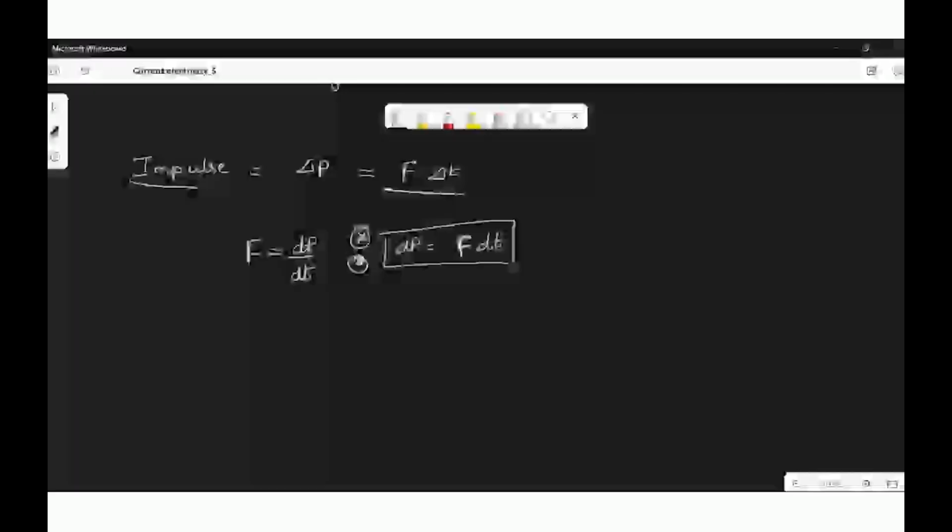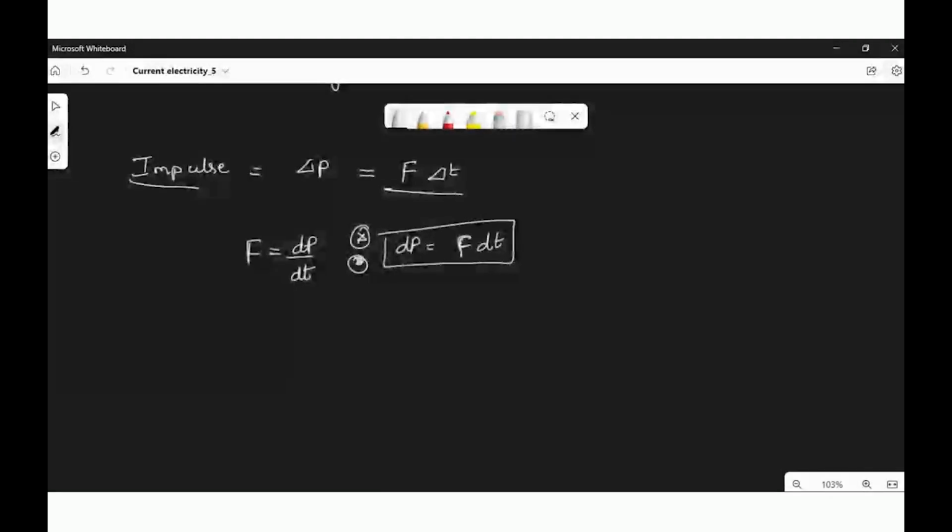You can see equation 5.7 in NCERT. They are saying impulse is the product of force and time duration, which also comes out to be equal to the change in momentum. Here they have given an example: when a ball hits a wall and bounces back, the force on the ball by the wall acts for a very short time.